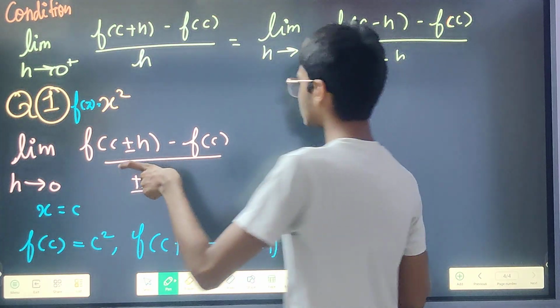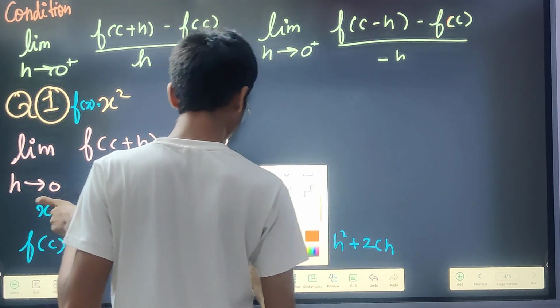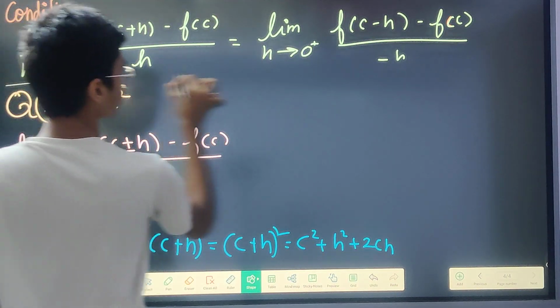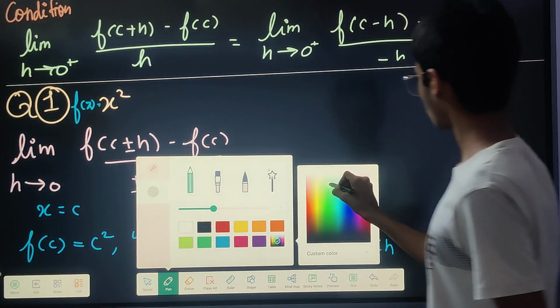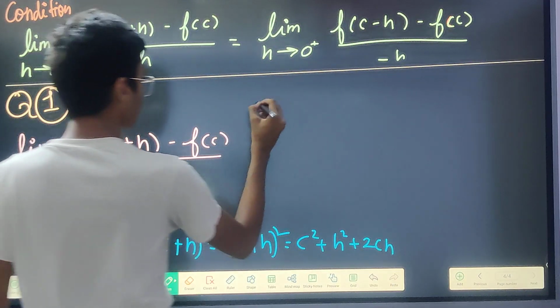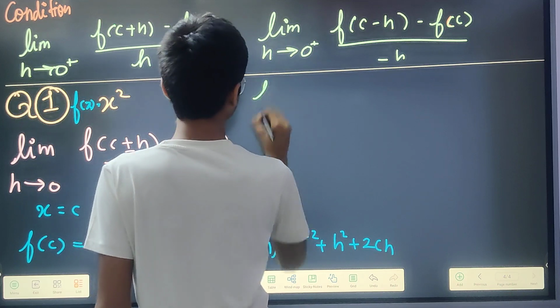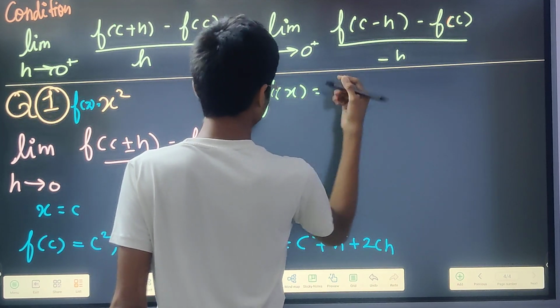That is going to be limit. Wait a second, I'll just choose an apt color. Now f dash x is equal to this one.